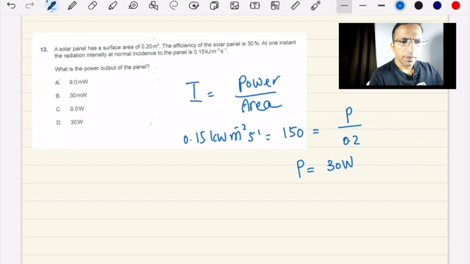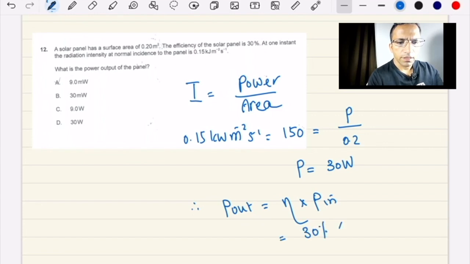But this is the power given to the solar panel. So power output is efficiency times power input. In this case, it should be 30% times 30. This should be 9 watt. Answer is C.